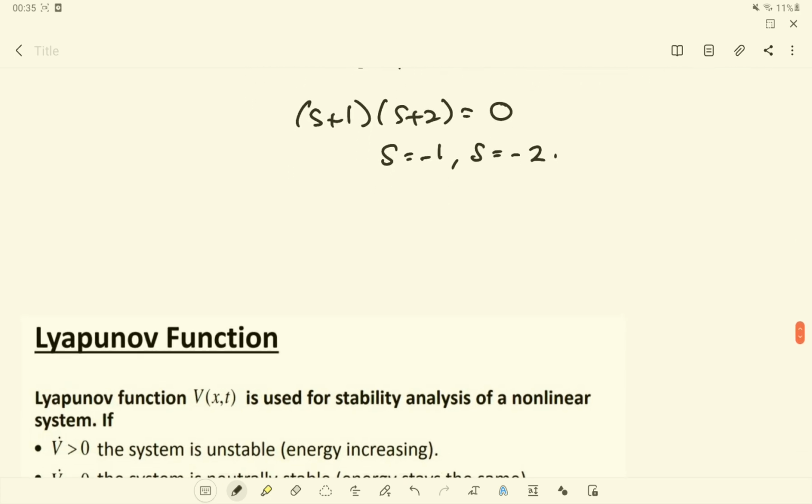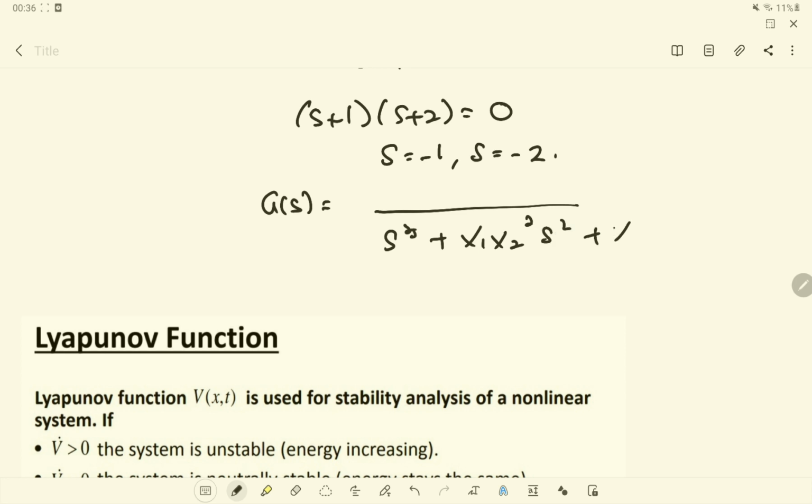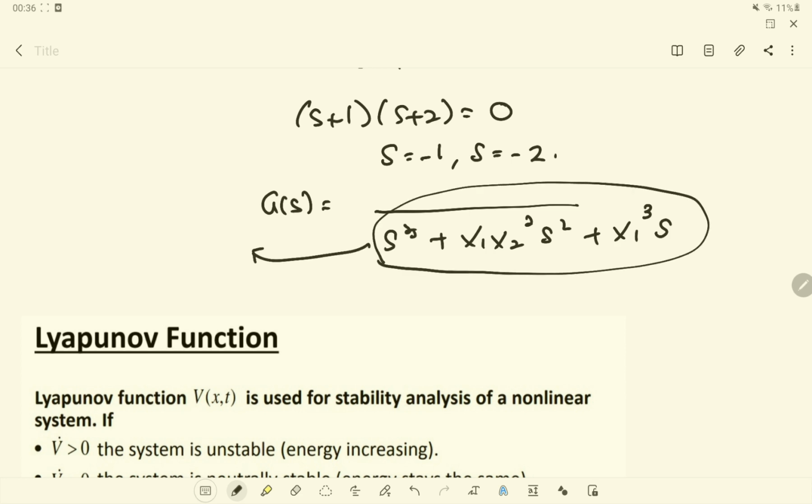What if the system gives you a transfer function something like this? G(s) equal to s to the power of 3 plus x1 x2 squared s squared plus x1 to the power of 3 s. This characteristic equation is not easy to factorize, but we want to determine whether the system is stable or not.